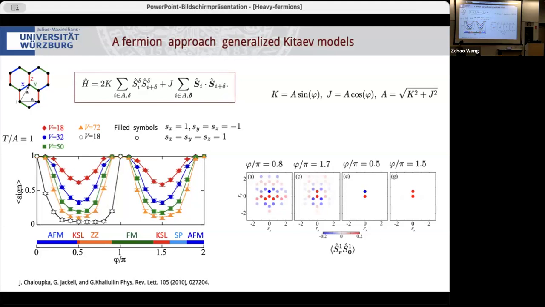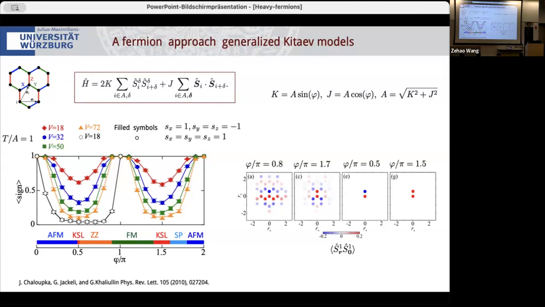The point I'm trying to make here is that we can go down in temperature so that we see the short-range magnetism. We can't go much lower than that. So we do have short-range magnetism of the stripy phase, or the zigzag. This is the zigzag phase. This is the stripy phase, which is, I think, around here. And then we have those antiferromagnetic Kitaev points and ferromagnetic Kitaev points where we have basically no correlations. Okay. So that's it.